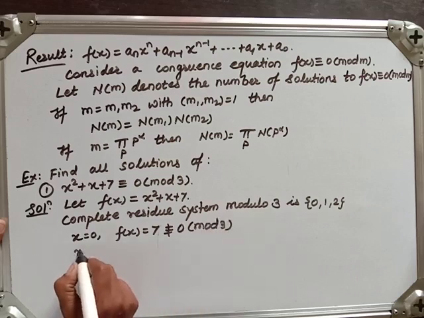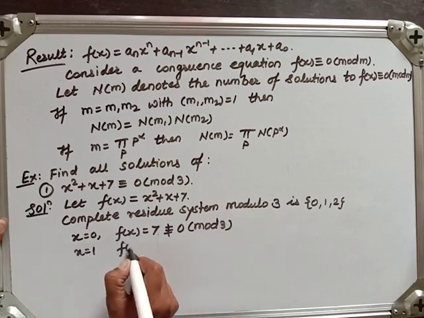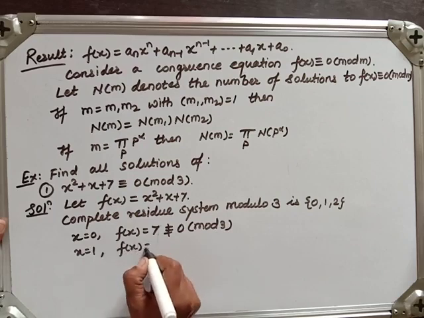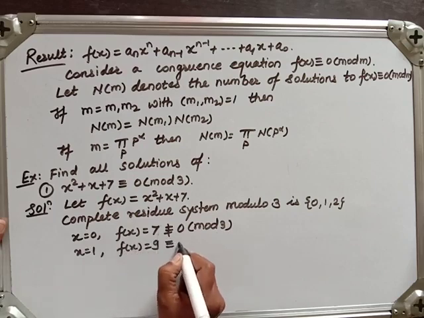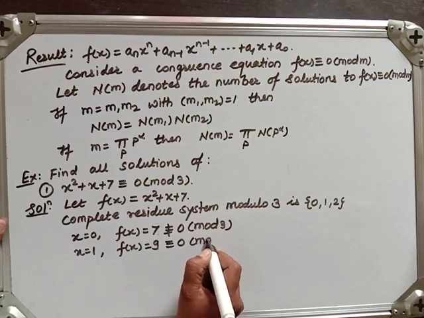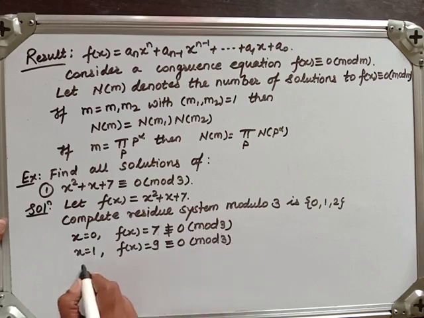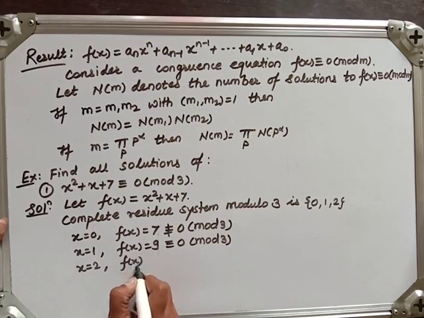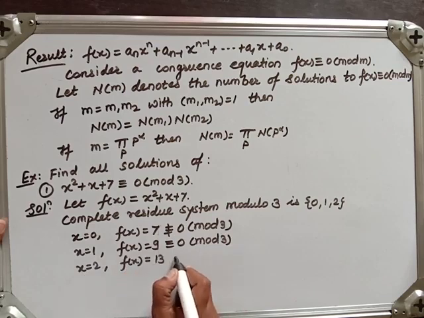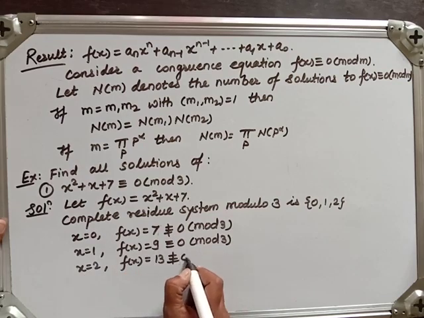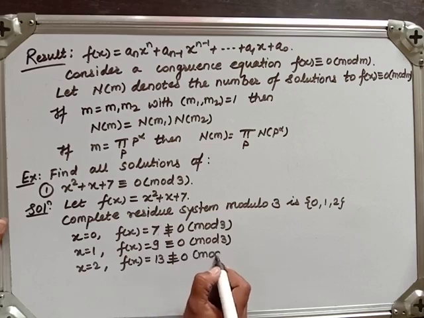Okay. X is equal to 1. Then f of x is 9. It is congruent to 0 modulo 3. Okay. X is equal to 2. Then f of x is equal to 13. It isn't congruent to 0 modulo 3.